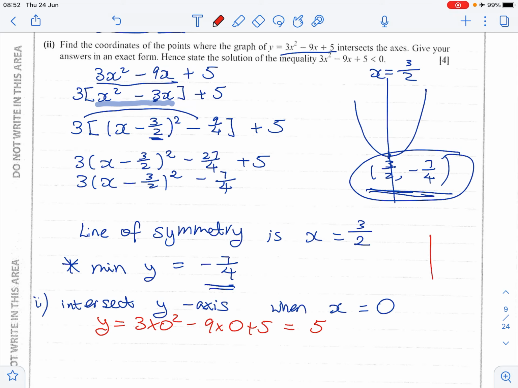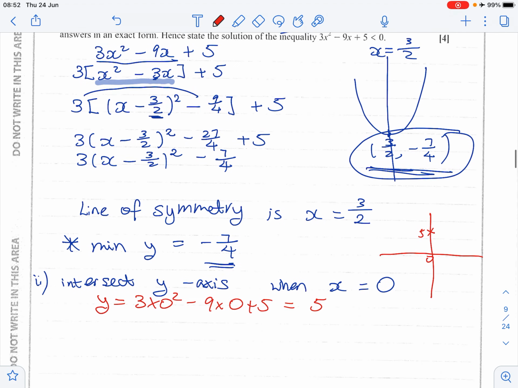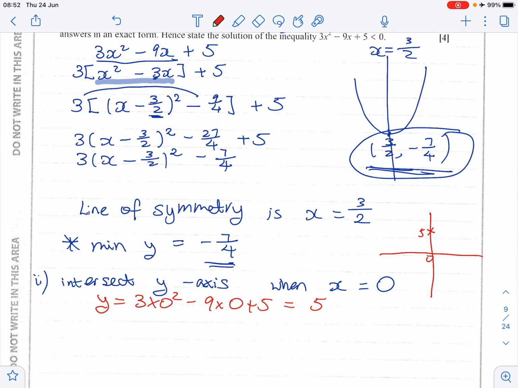So the curve cuts through the y-axis at 5. Then I want to find out where it cuts through my x-axis. So this is when the equation 3x squared minus 9x plus 5 equals 0.